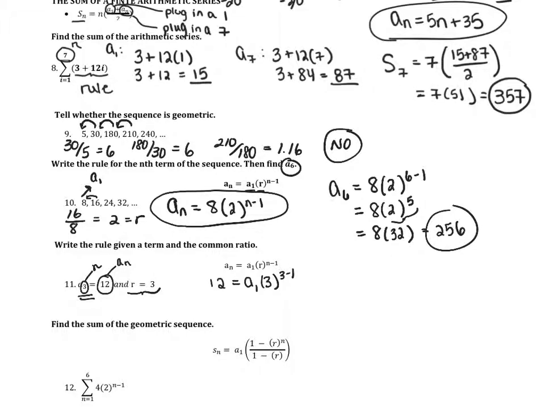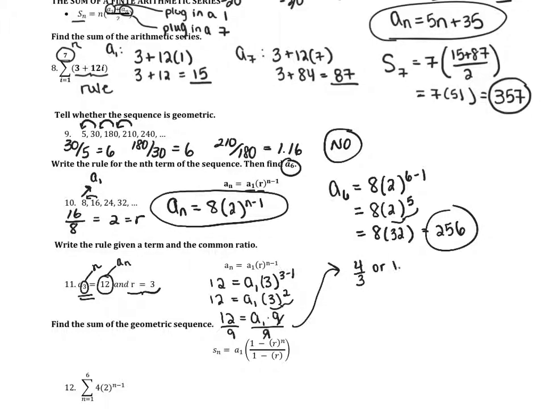So you do the 3 minus 1 first, which gives you 2. So 12 is equal to A1 times parenthesis 3 now to the second. 3 to the second, you do that next. That's 9. 12 is equal to A1 times 9. To get rid of your 9 and solve for A1, you would divide both sides by 9. 12 divided by 9 is 4/3.